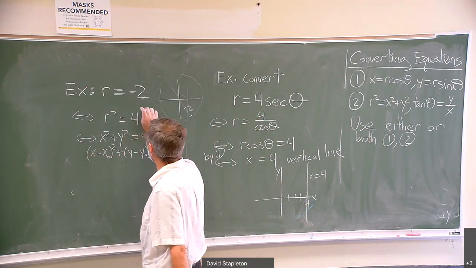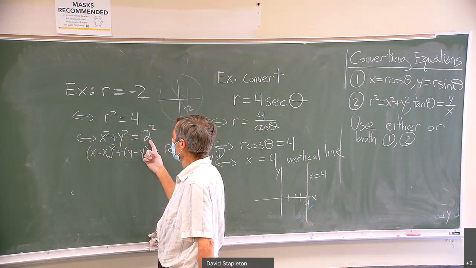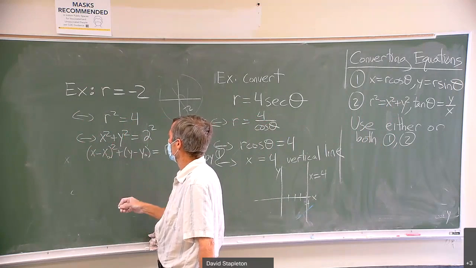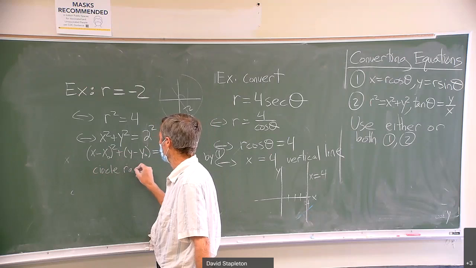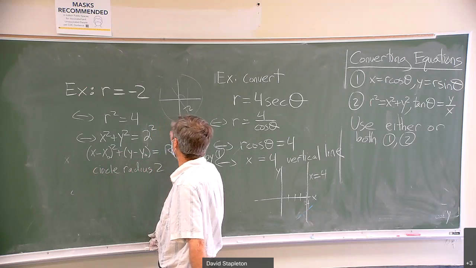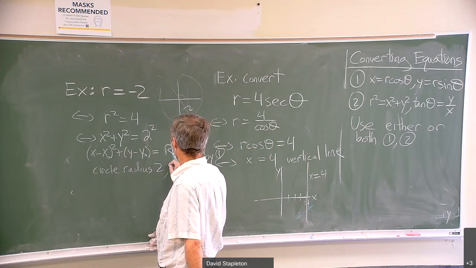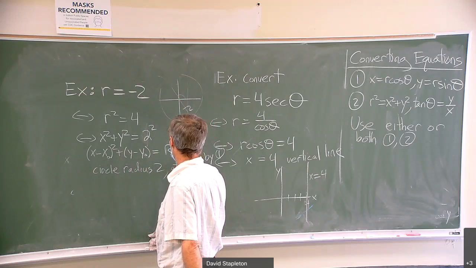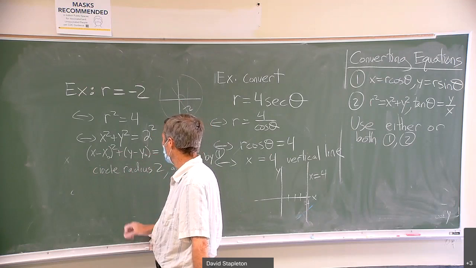If I count 4 equals 2 squared, let's write it suggestively. It's a circle of radius 2 at 0, 0, because I subtracted nothing. Circle, radius 2. So just what we figured from imagining. At 0, 0. There's the proof by equations, if you prefer.